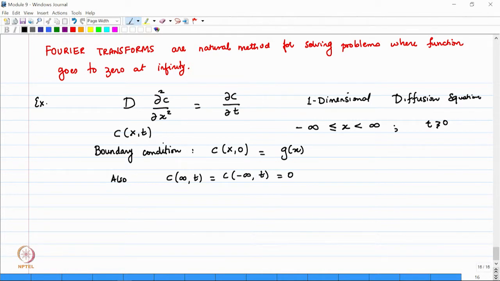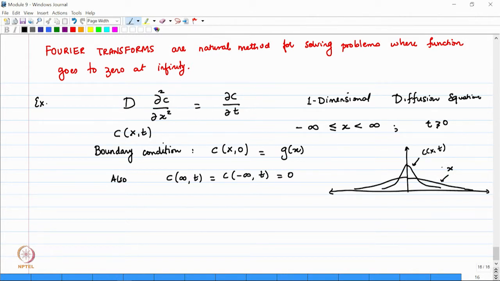Typically the kind of problems that we look at are those where you might start with some initial concentration, and the concentration will spread out as t goes to infinity.